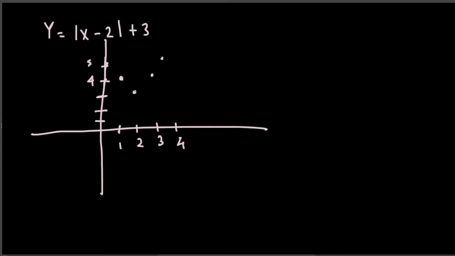So the graph goes on like this. And let's look at the next one, and make sure it's passing through this 5. This is 5.